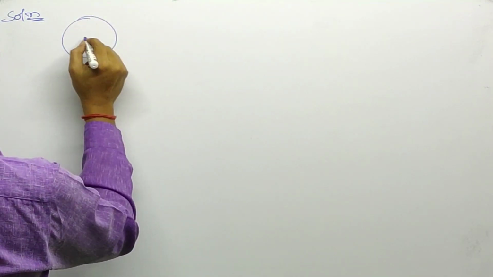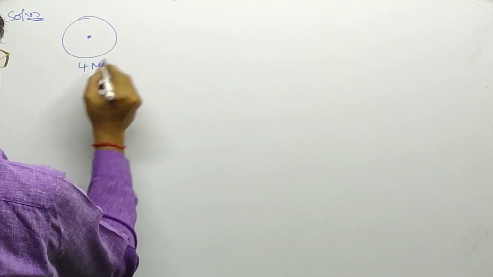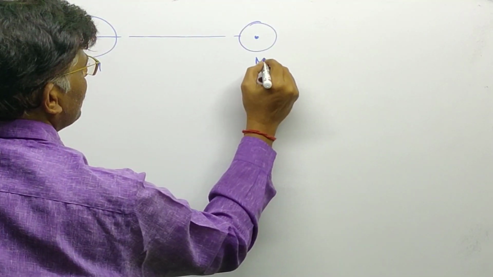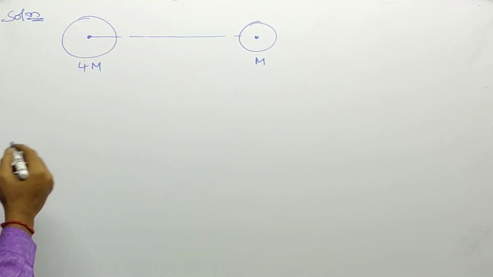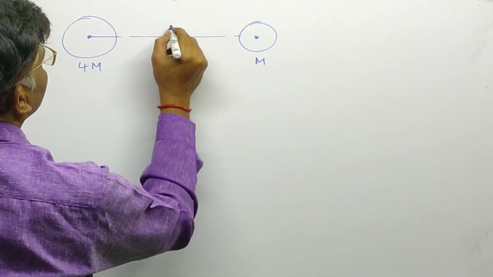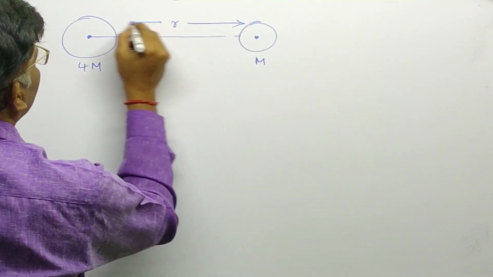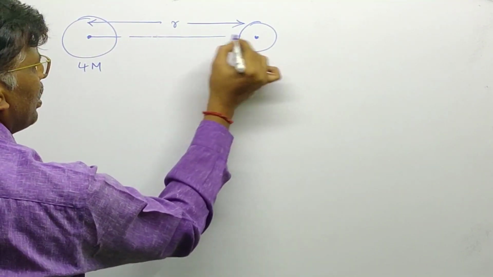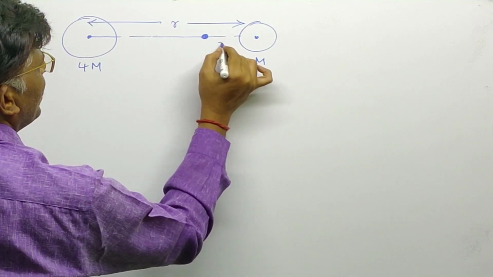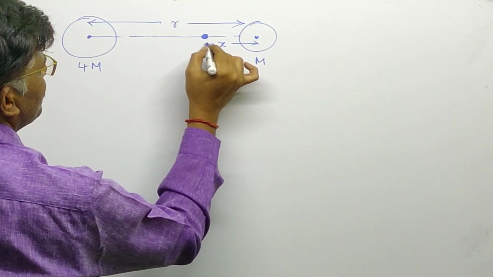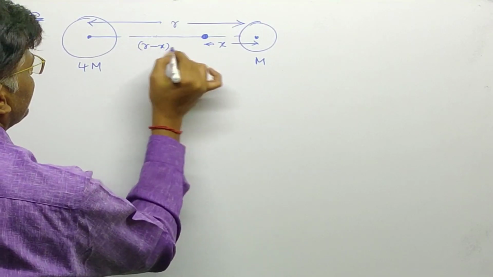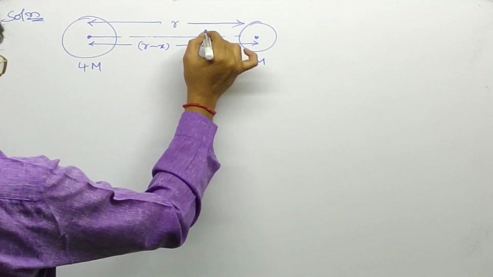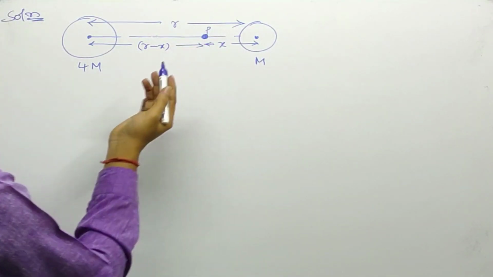When two masses, 4m and m, are separated by a certain distance r, let us assume a point at a distance x from the smaller mass, so the remaining distance from the larger mass is r minus x. Let us imagine P is a null point or neutral point.